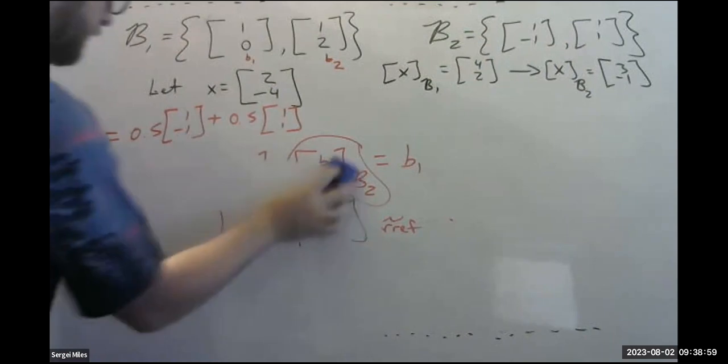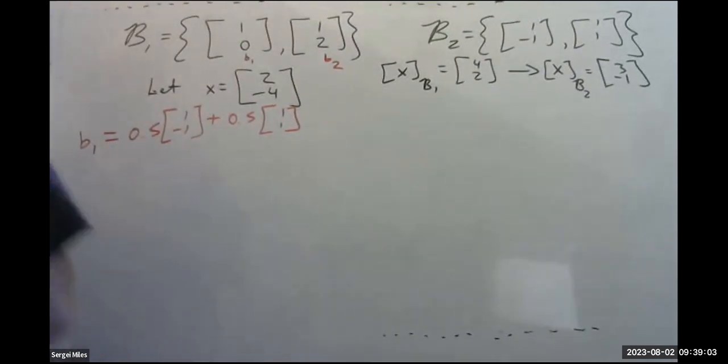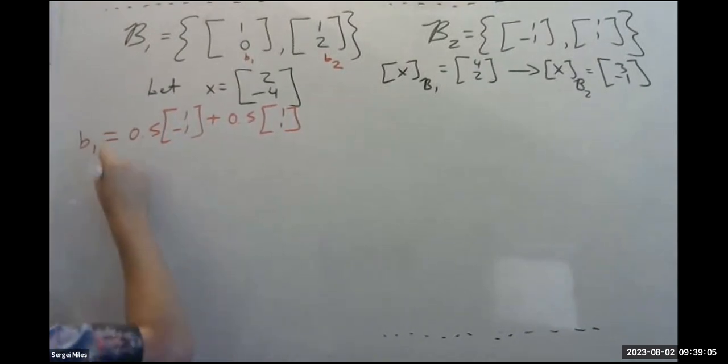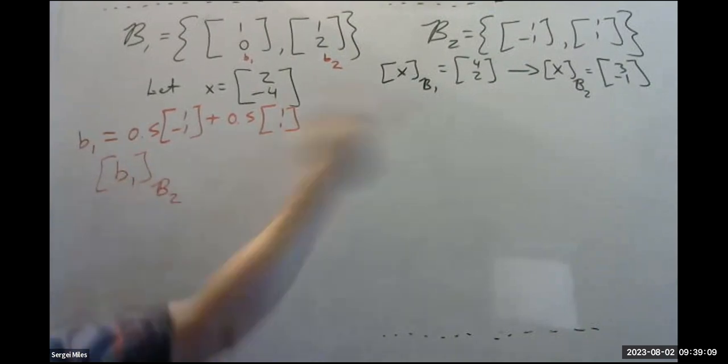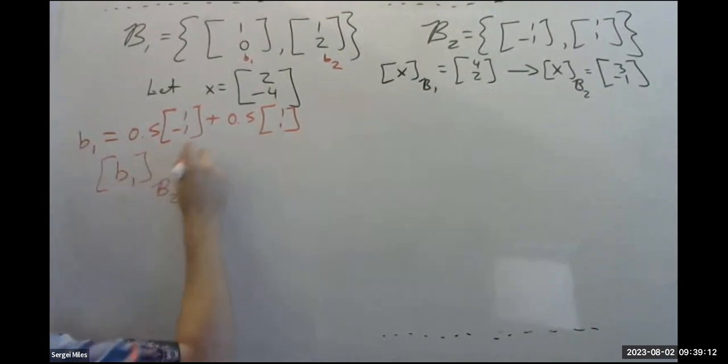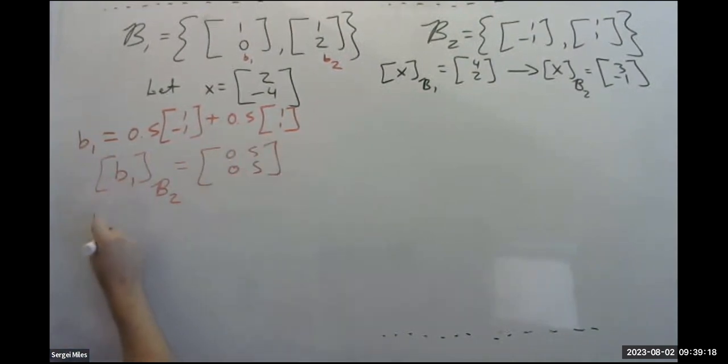So, okay, what does this tell us then? This tells us b1 in terms of the second basis, the basis I'm trying to go to, equals (0.5, 0.5).